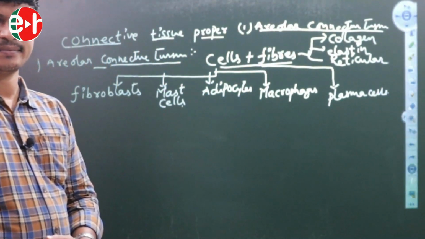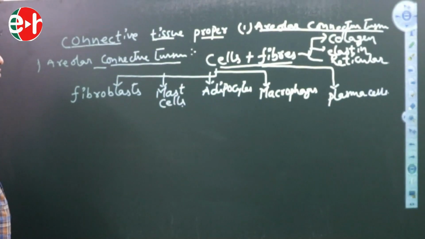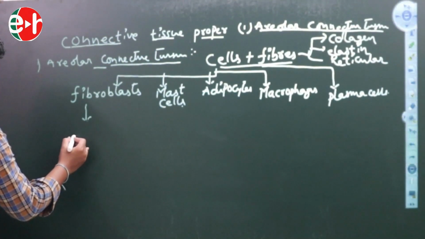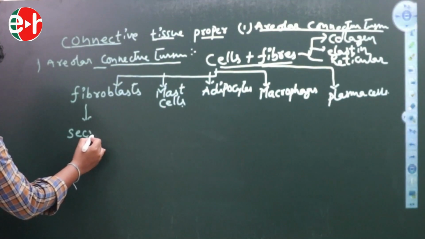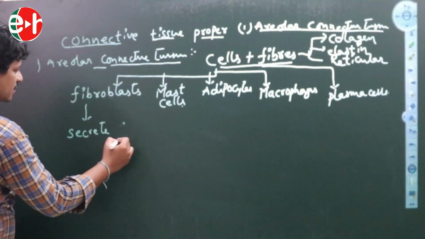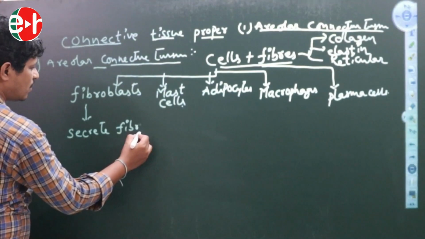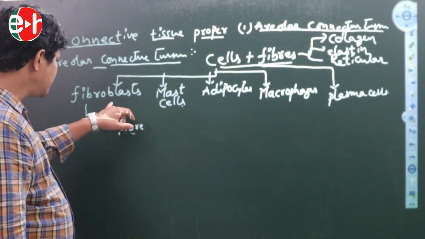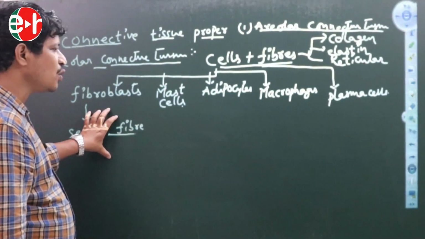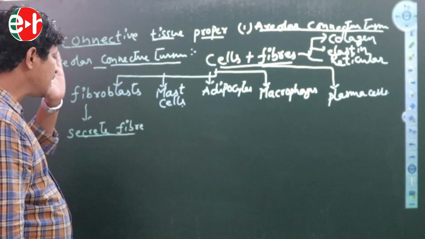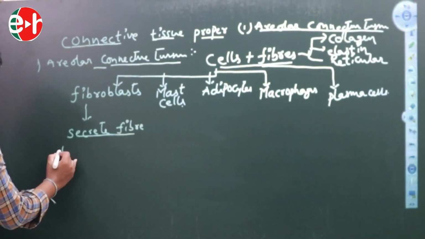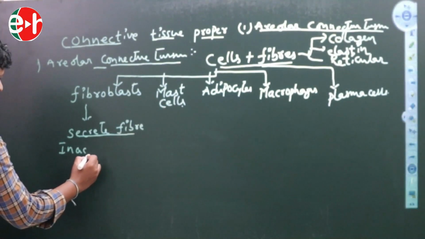Now we are going to discuss the cells of the areolar connective tissue. The fibroblasts secrete fibers, either collagen fibers, elastic fibers or reticular fibers. Fiber secreting cells are called fibroblasts.